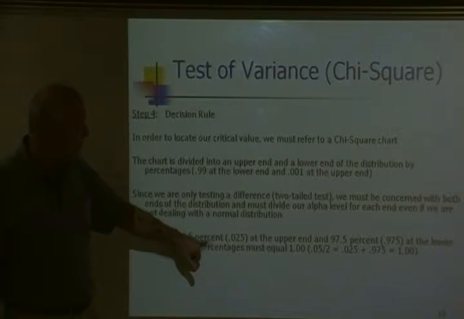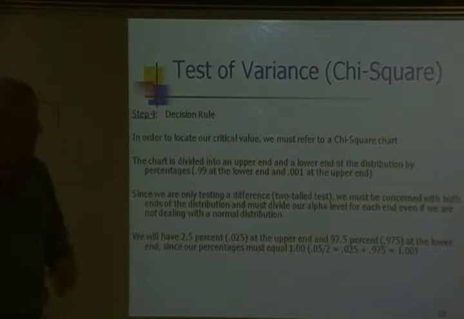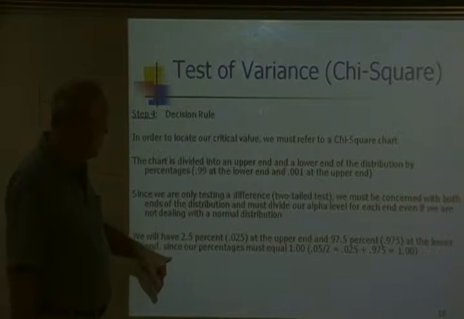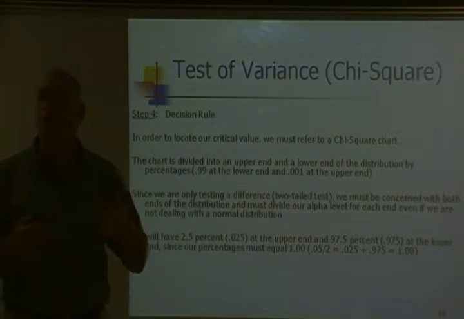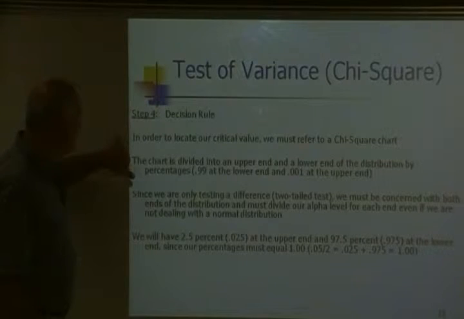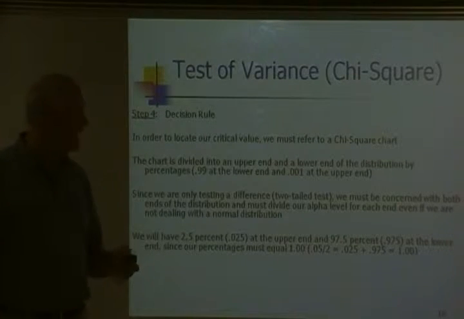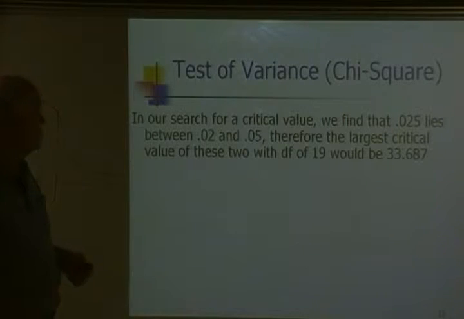So we still have 2.5% at the upper end and 97.5% at the lower end, since our percentages must equal 100 or 1. We have an alpha level of 0.05. We have to divide it by 2, so we're going to have 2.5% up here, and we're going to have 97.5% at the other end of the distribution.